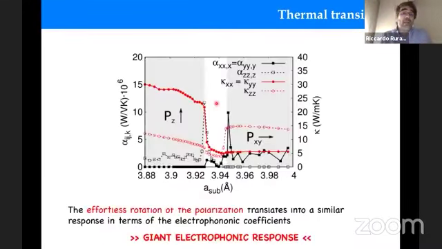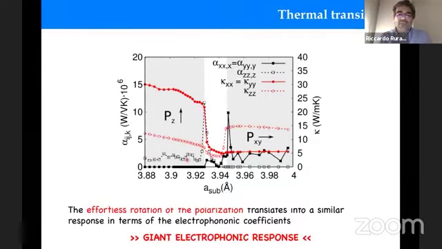Okay. And the same happens with thermal conductivity, of course. Here, I think this is all for room temperature. This is the case we discussed before. You have this thermal conductivity. But then you start to strain, and then there comes a time where rotating the polarization happens almost for free.